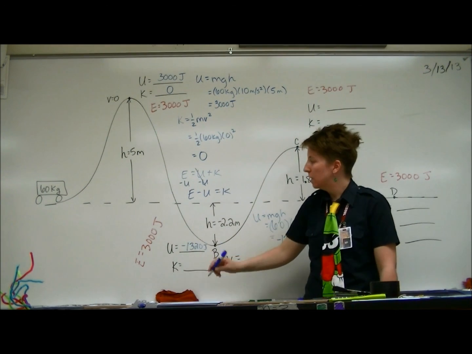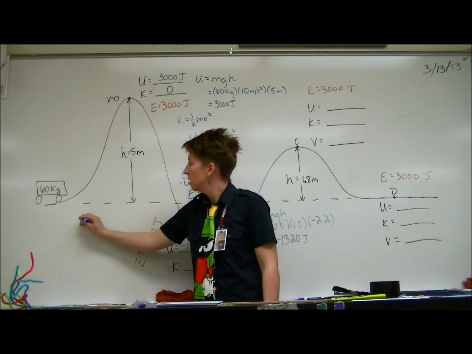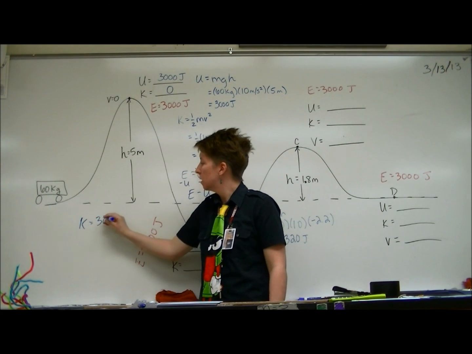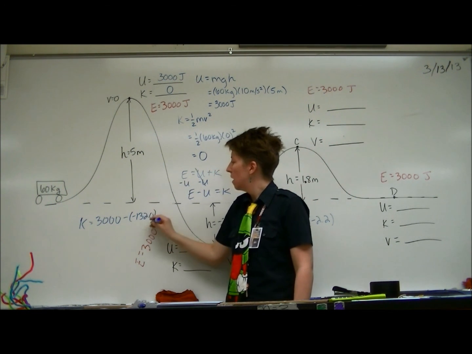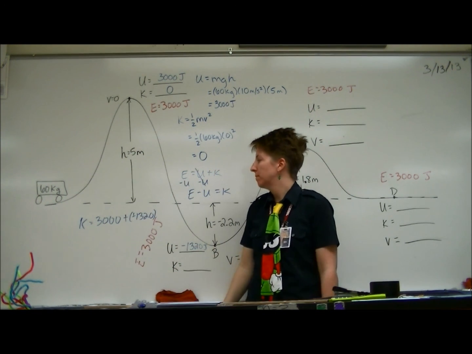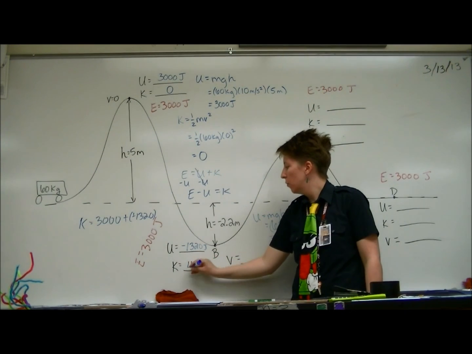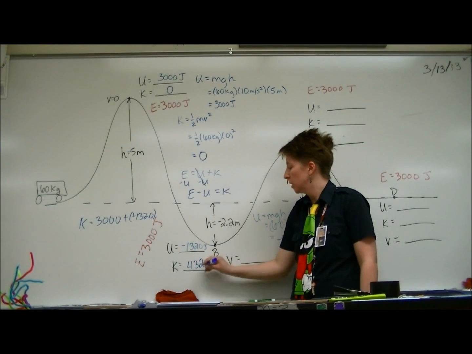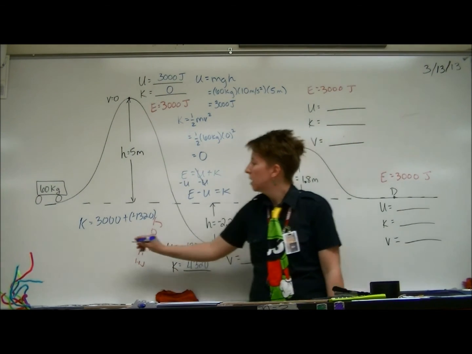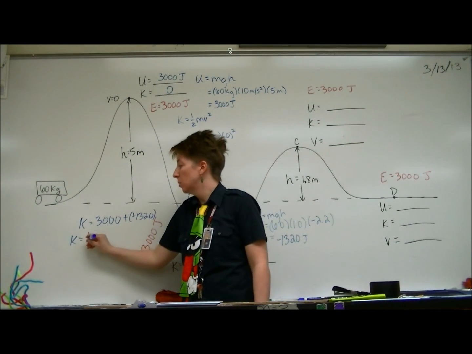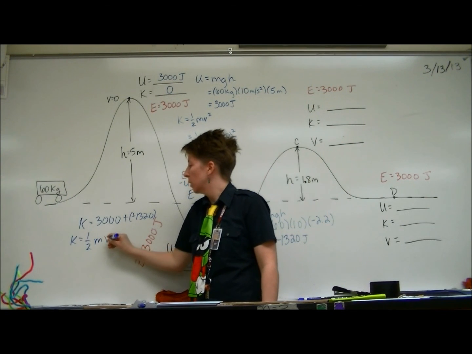When you subtract a negative number, that's kind of like adding. So this is going to be 4,320.